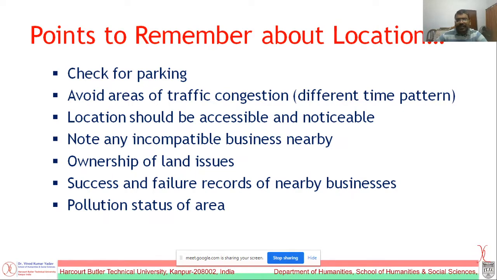Say for example, if you are to establish a chemical industry and next to your factory you have a jewelry shop, jewelry business, that may not be suitable. Say for example, if you want to establish a liquor shop, in the case of a liquor shop there are civil rules that it cannot be in a residential area. So you must understand what the nearby area is, especially nearby businesses.